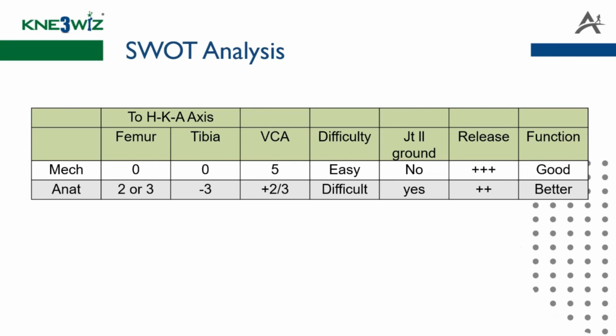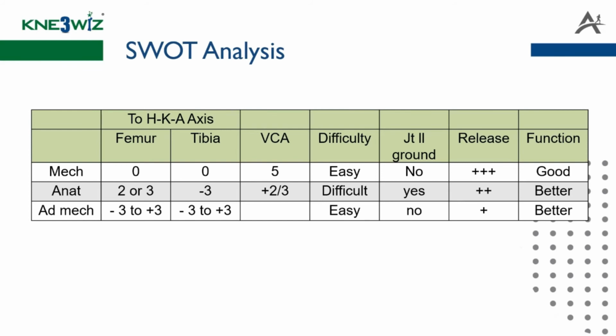With anatomic alignment, femur is in valgus and tibia is in varus. The advantage is that the joint line becomes parallel to the ground while walking. The releases required decrease and the function is better, but it is a more demanding technique with conventional instruments.